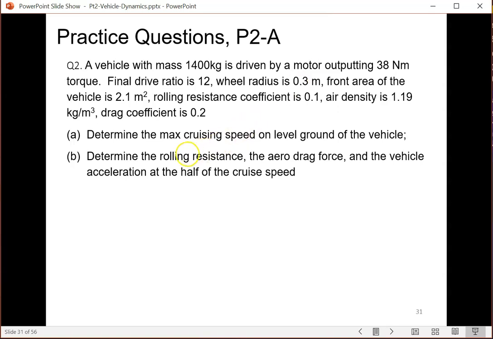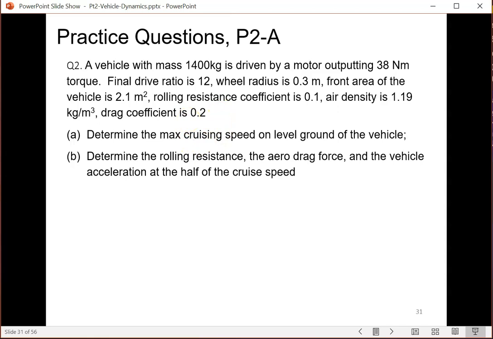I'll also give you some parameters about air drag as well. So you can use this to work out the cruising speed and rolling resistance, that kind of stuff.